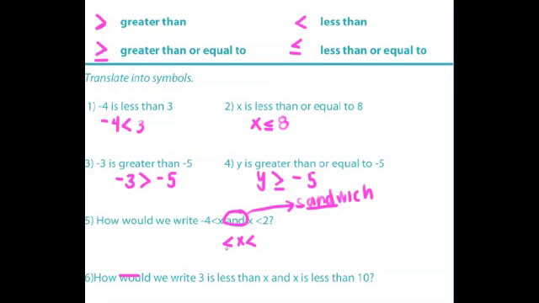Two that are pointing to the left, and all you do is you just take the one that makes sense. So here's my two numbers, -4 and +2. Which one is the smaller one? -4, right? -4 is the smaller one. So the smaller one goes on the left side.